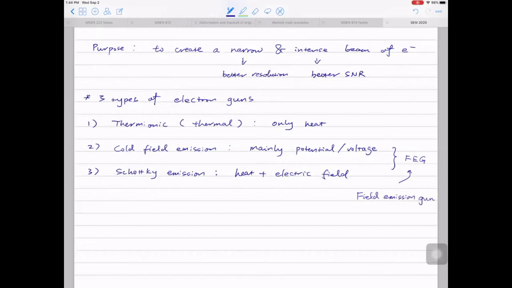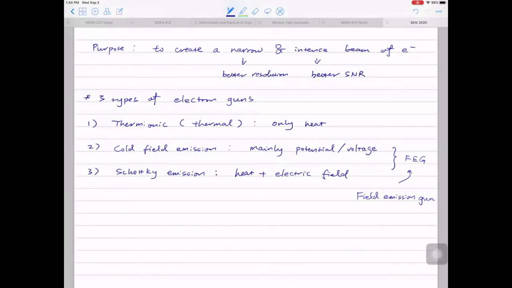In fact, most of the SEMs we use nowadays, the guns are FEG, not tungsten. When I was a grad student, the first SEM I learned was with the tungsten filament. But as far as I know, all the SEMs on the Texas A&M campus are field emission guns.